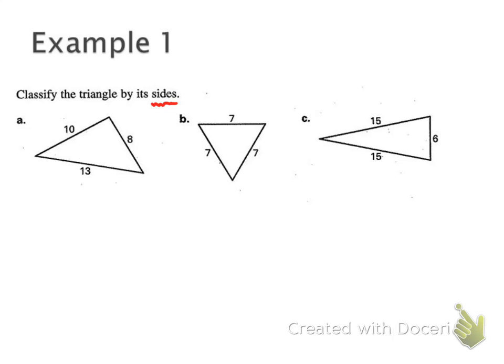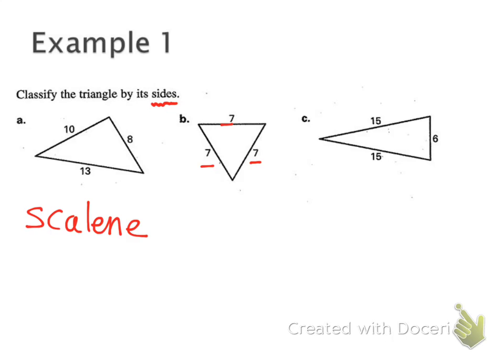So which one do you think for A? Scalene. Why do you think scalene? None of the sides are the same. If none of the sides are the same, it's a scalene triangle. What about B? How many are the same? 3.